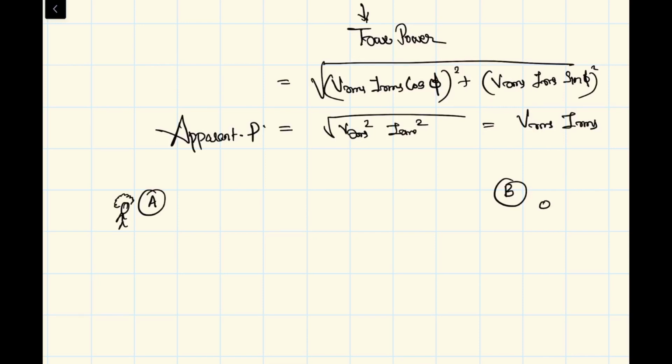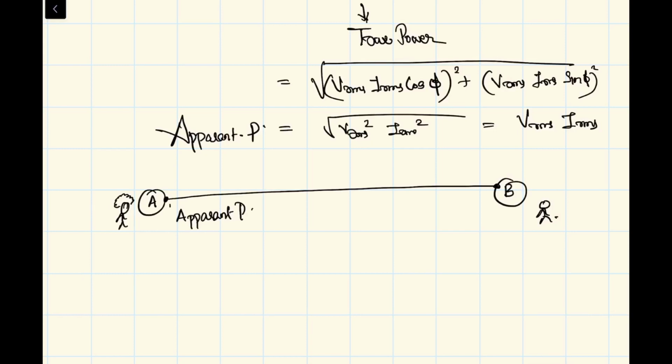Now I'm standing over here, and you are sending me some power through a transmission line. So the fundamental concept is that if you want to transmit power from A to B, then these three powers, apparent power, active power and reactive power, come into action. If you want to send the power from A to B, what you're sending is apparent power.